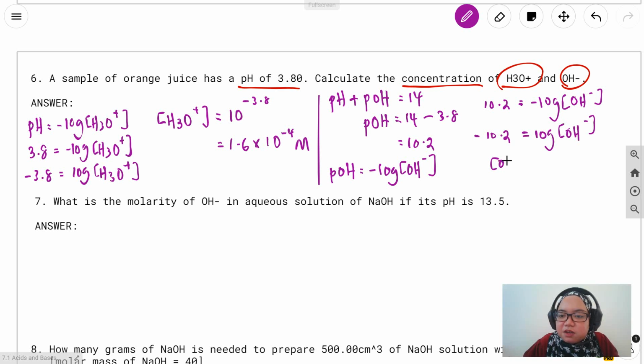So we can find the concentration of OH minus is equal to base 10 to the power of negative 10.2.